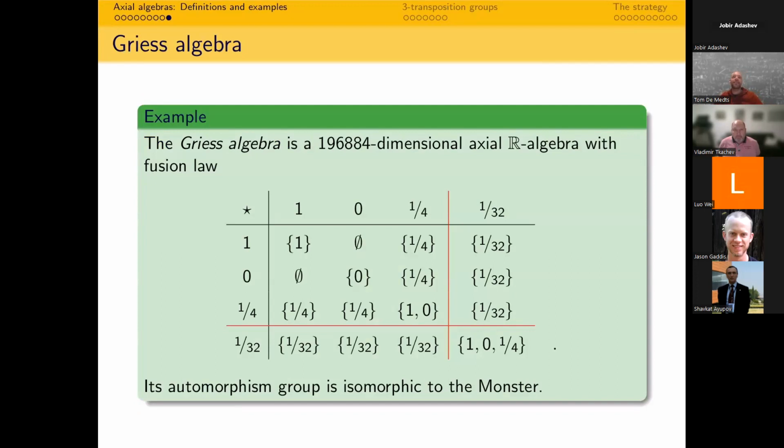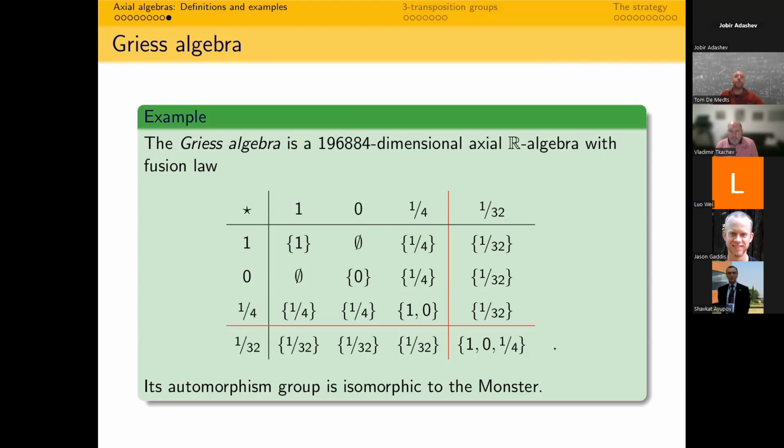And the reason for the existence and the invention of this algebra is its relation to the monster sporadic group. It's the largest sporadic finite simple group, of order of magnitude like 10 to the 54, if I'm not mistaken. So it's an enormous group, and it was for a long time a huge mystery why this group existed. And in some sense, this algebra explains its existence.